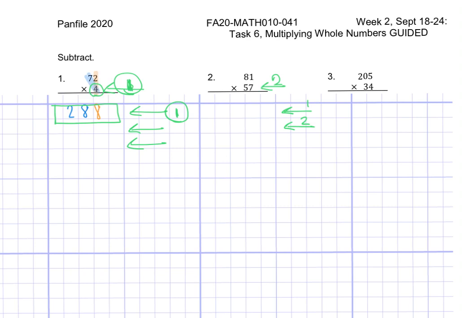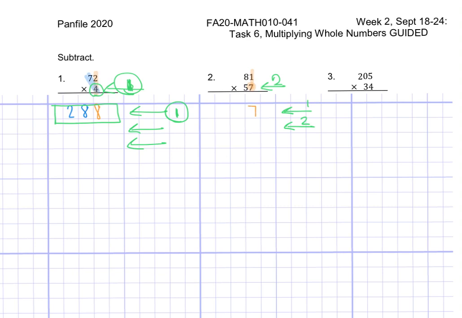When we start number 2, we're going to start the same way we did this, with this 7. Again, we're going to go from right to left. So we start by multiplying 7 times 1, and we bring it down and write 7 because 7 times 1 is 7.